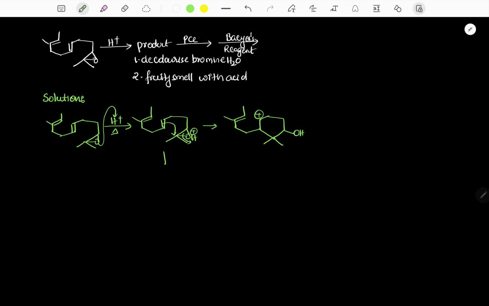Of course, we expect another possibility also. Alkene attacks, ring opening takes place. Suppose if I consider the next possibility also. Form the corresponding carbocation like this. Now this alkene again reacts with the corresponding C+.